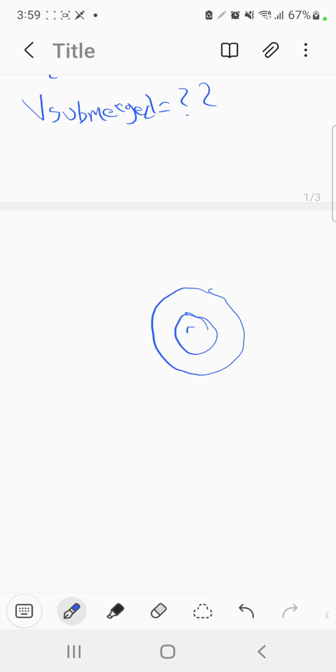The inner shell is 5 centimeter and the outer shell is 6 centimeter. We know that this ball is submerged in the water. What he needs is the volume of the submerged part, so V here is unknown.